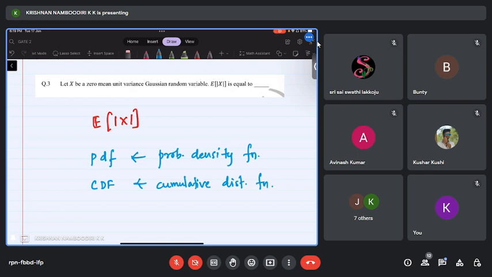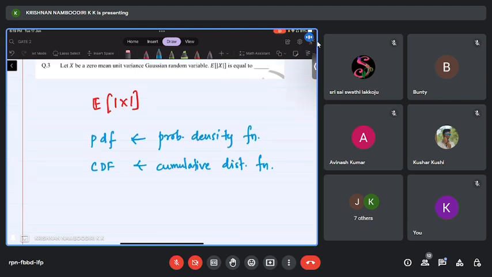Sometimes we call the Gaussian random variable a normal random variable. Gaussian and normal are used interchangeably. It is usually described by its PDF.